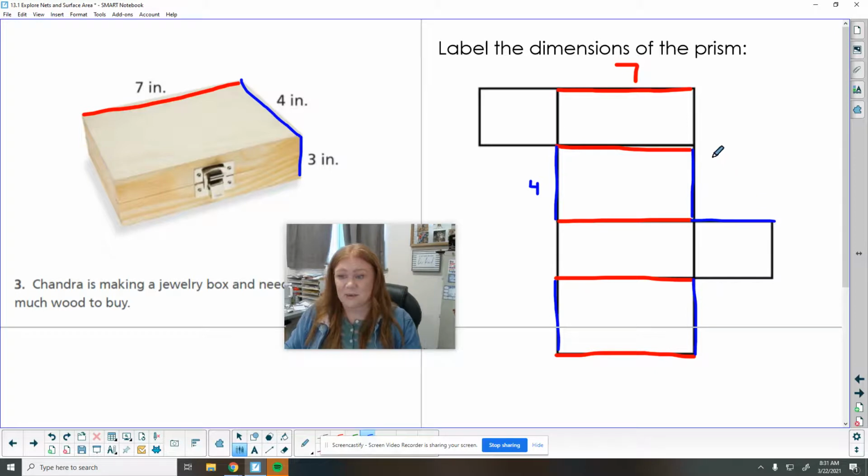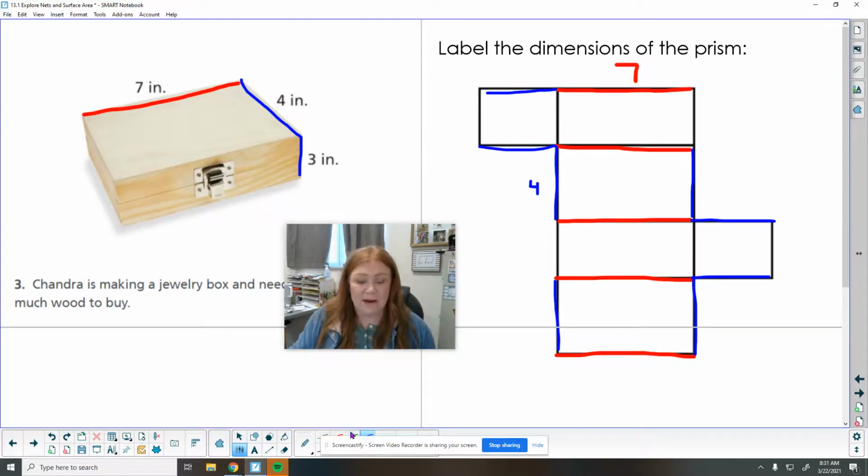These are going to connect to each other. This right here folds up and touches that. So if this is 4, that touched it, that's 4. They fold up to each other. So this is 4, and this will close to this and 4. And our last piece was 3.